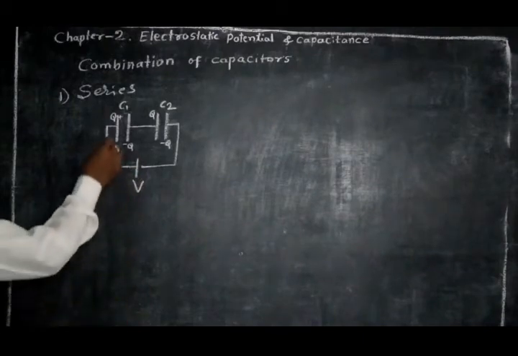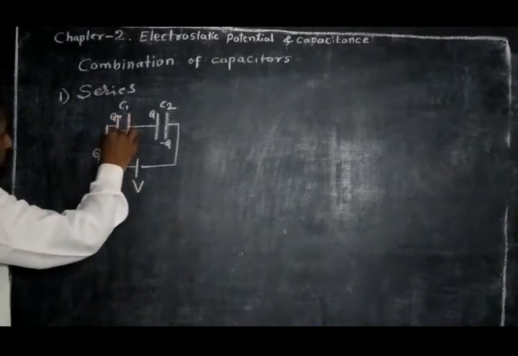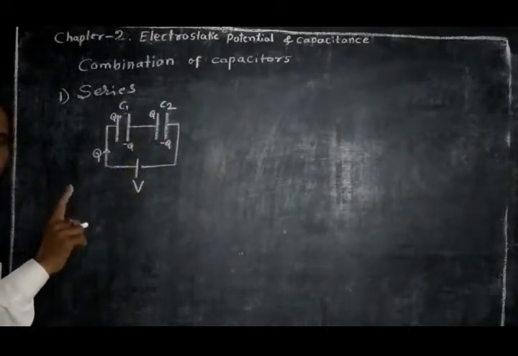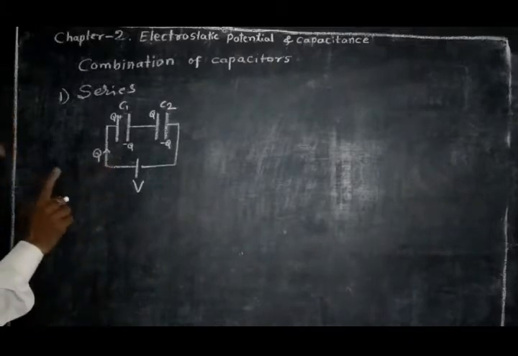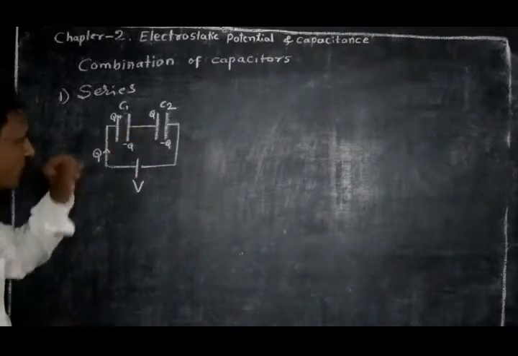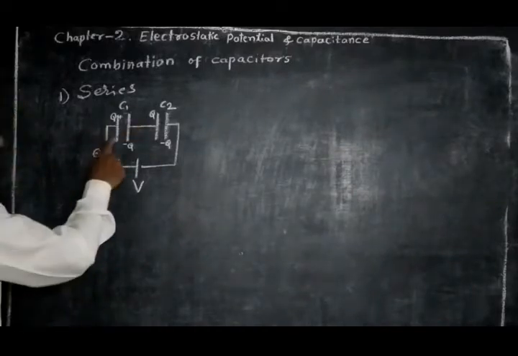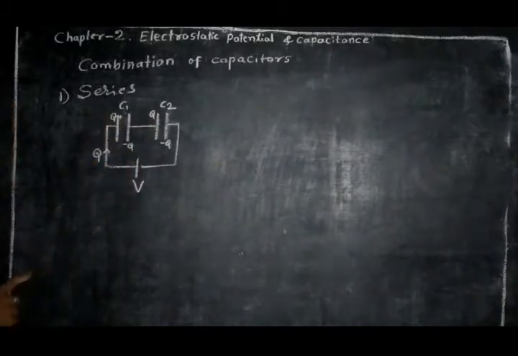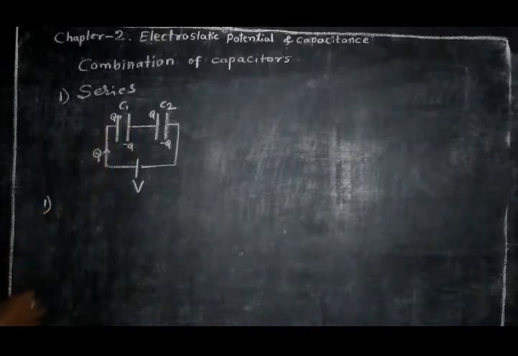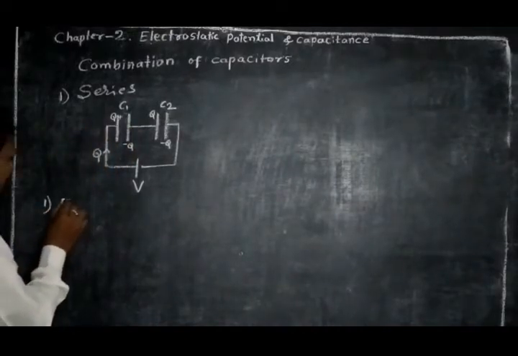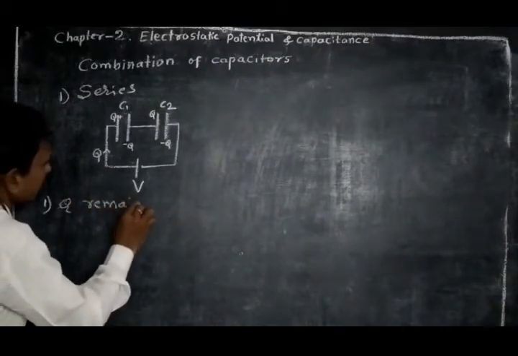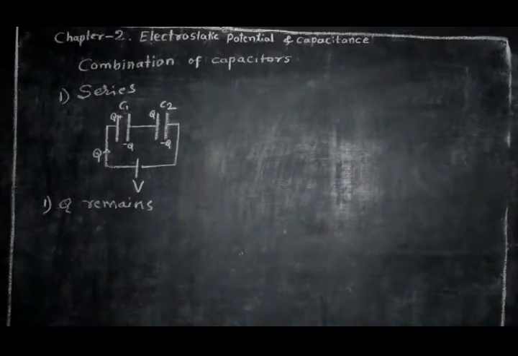Therefore, the charge on the first capacitor is Q. The charge on the second capacitor is also Q, because the positive charge on the plate of a capacitor is called the charge on the capacitor. From this it is clear that the charge on each capacitor remains the same. That means if capacitors are connected in series, the charge remains the same on each capacitor.